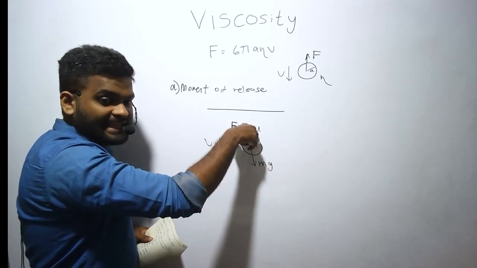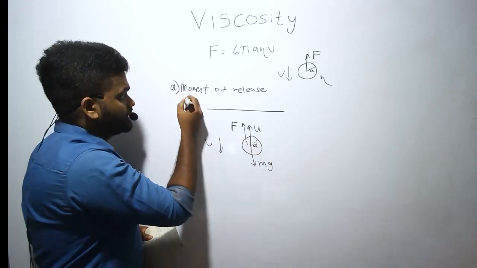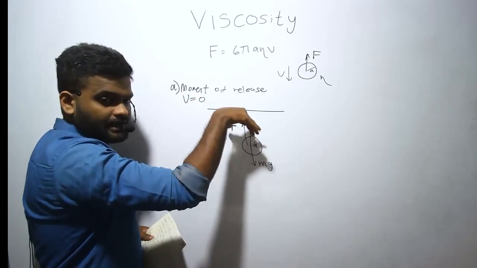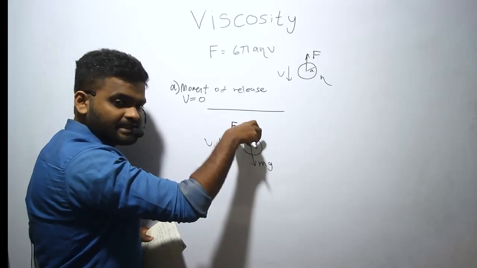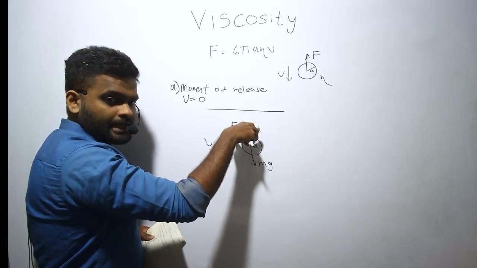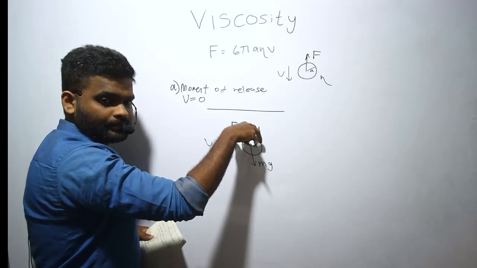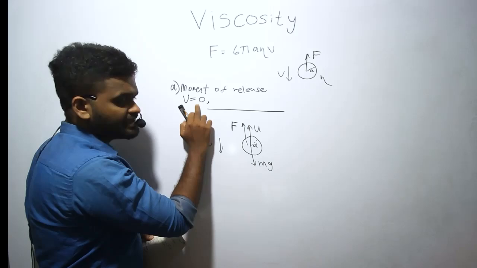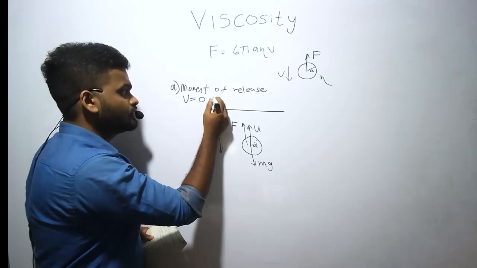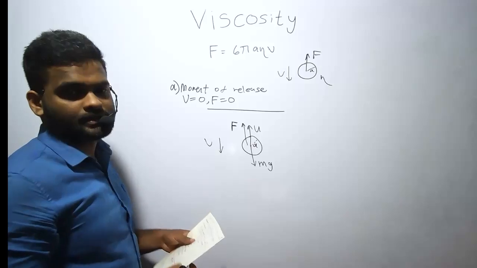So when you release an object, what happens? When you release that, the initial velocity is 0, right? Understood? V equals 0. At the moment of release, let's say you hold it here and just release it, the initial velocity is 0. So if the initial velocity is 0, what is the force? Viscous force also should be 0. Why?